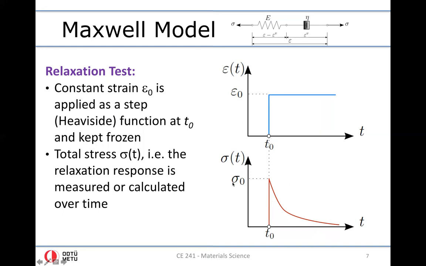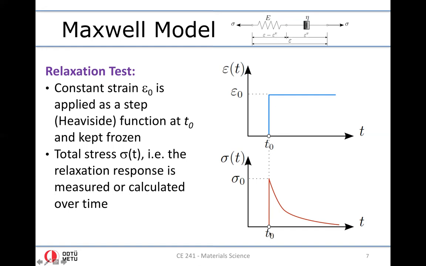When you increase the strain from 0 to epsilon 0, again, the dashpot will lock, so it cannot react instantaneously, but all the strain will be compensated by the spring.